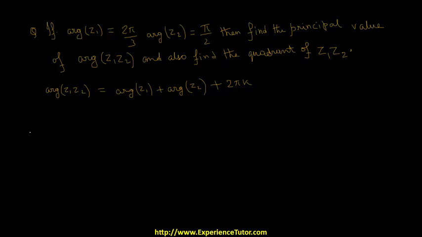Now we can put the value of argument of z1 as 2 pi by 3 plus argument of z2 as pi by 2 plus 2 pi k.